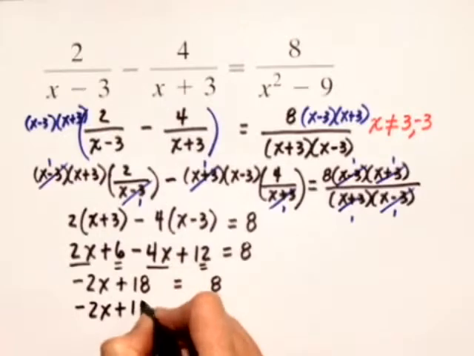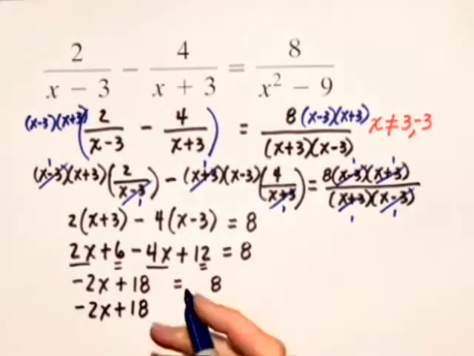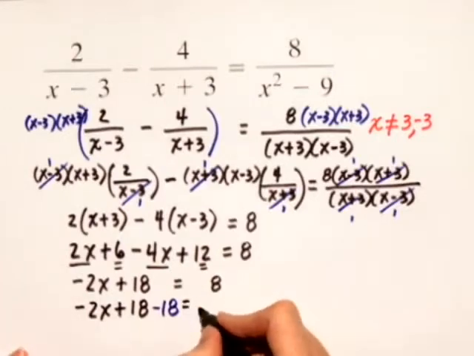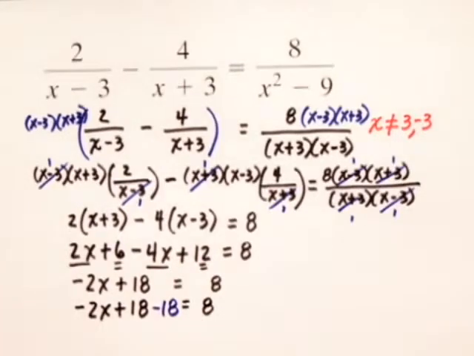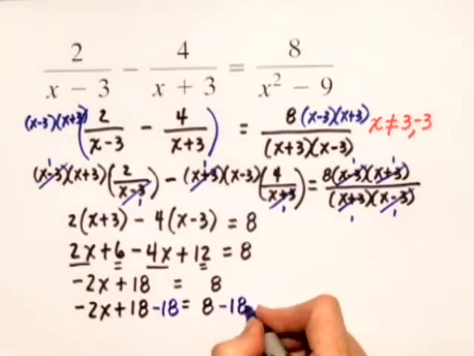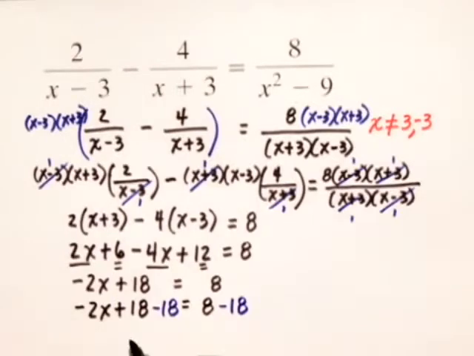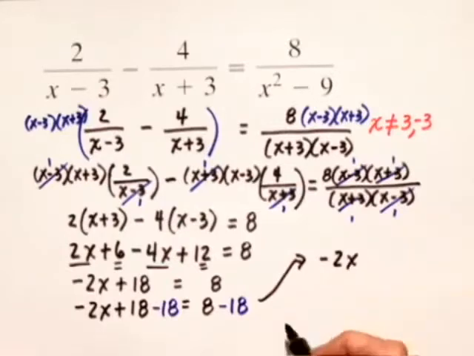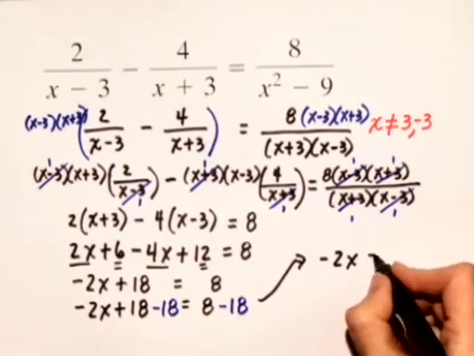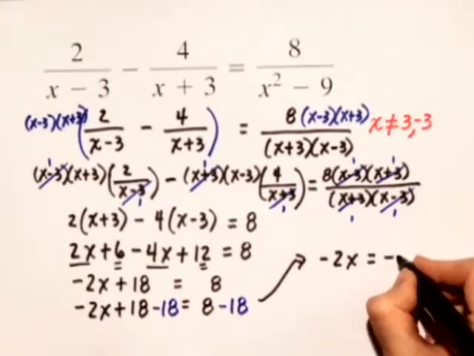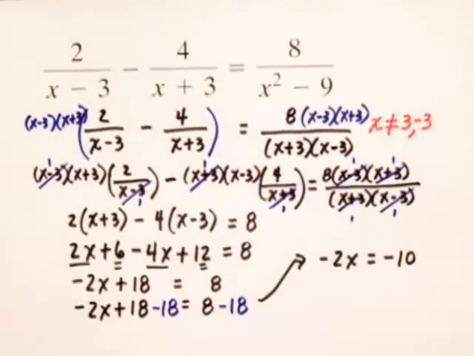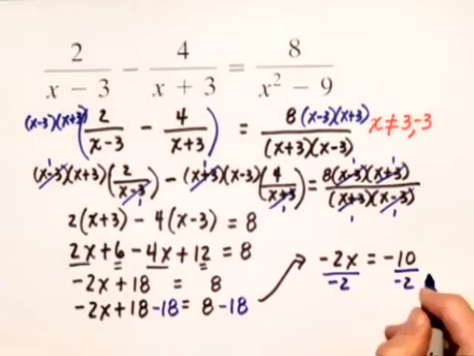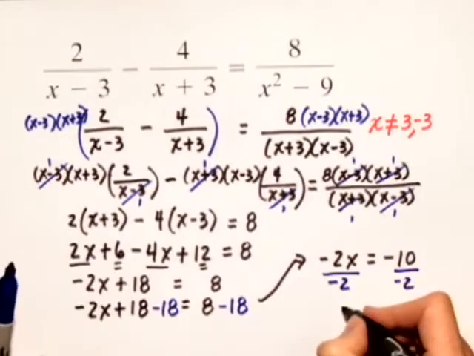Negative 2x plus 18 minus 18 is equal to 8 minus 18. When we simplify this, now we have simply negative 2x on the left-hand side is equal to 8 minus 18, which gives us negative 10.